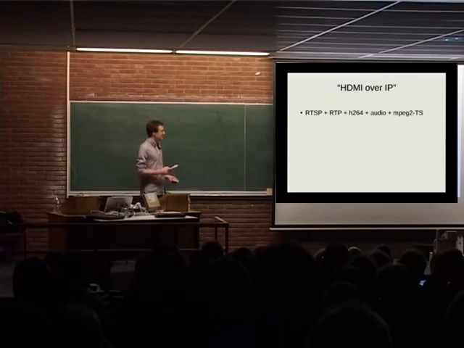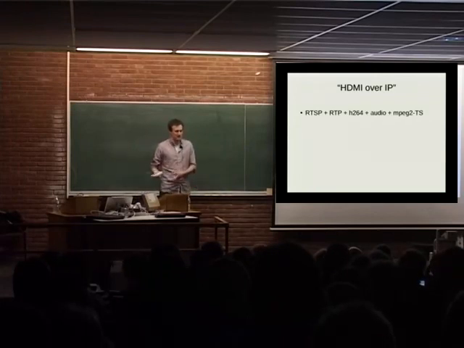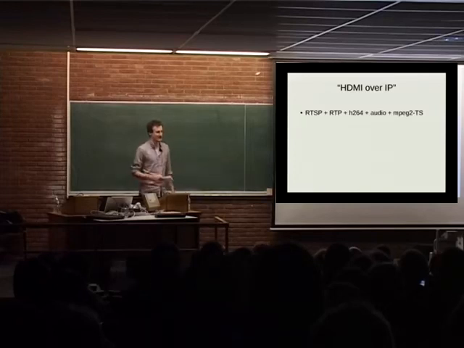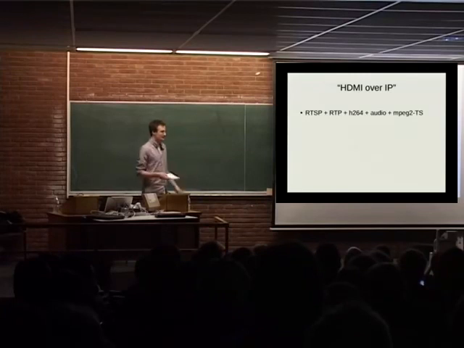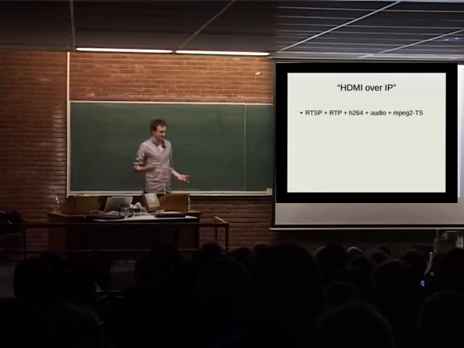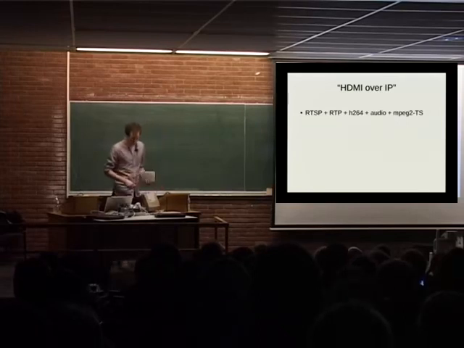So they added messages which allow the source to say, trigger play, and they send it to the sink, and the sink says, oh, I'm supposed to be playing now, and it starts playing. But they use RTSP just because, well, it's known.